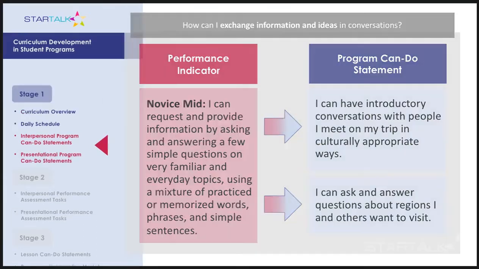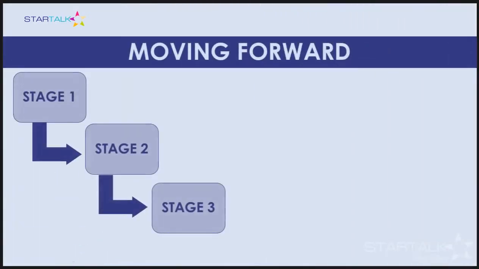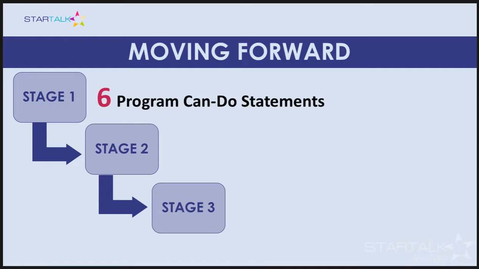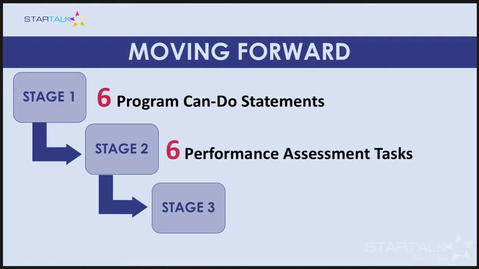It's very important to take note of one key piece as we move from stage 1 to stage 2 to stage 3. In stage 1, in this model curricula, 6 program can-do statements are identified. In stage 2, those 6 program can-do statements become 6 performance assessment tasks.